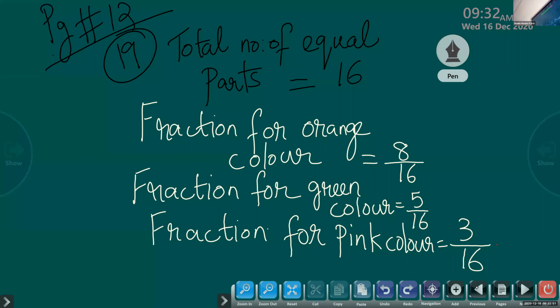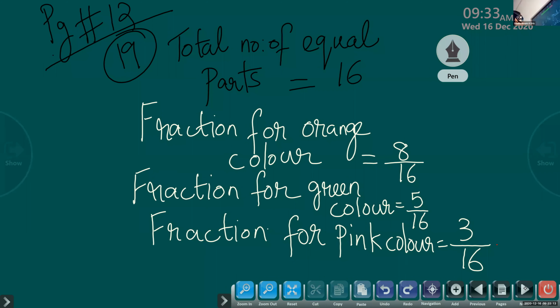First, what you had to write? Total number of equal parts. So question number 20, you had to count and write total number of equal parts. Then fraction for which colors are given there? Green, white, and orange. So fraction for green, fraction for white, fraction for orange.